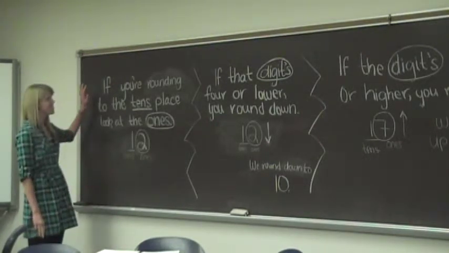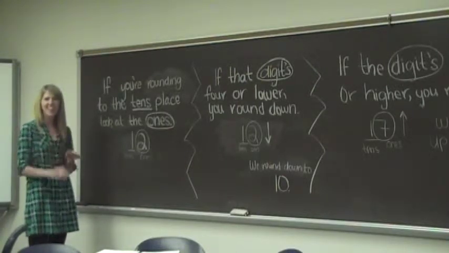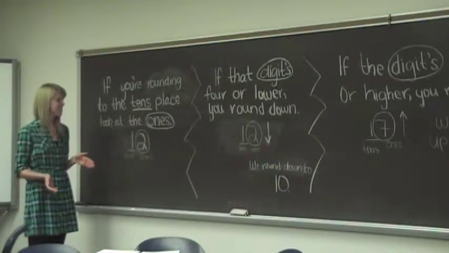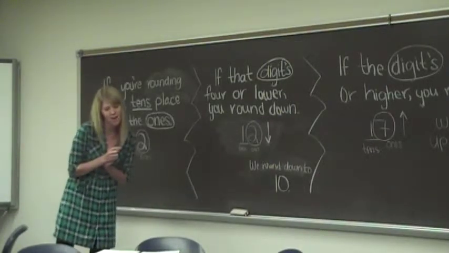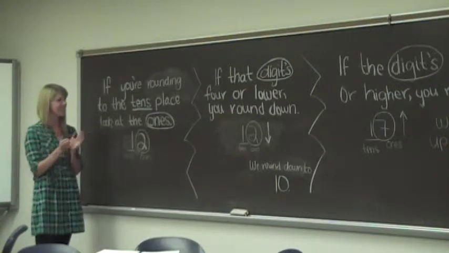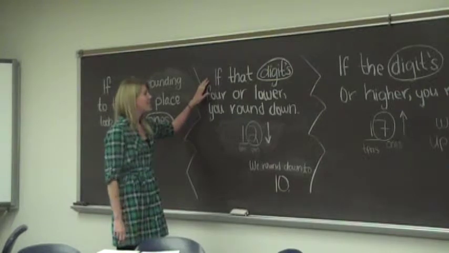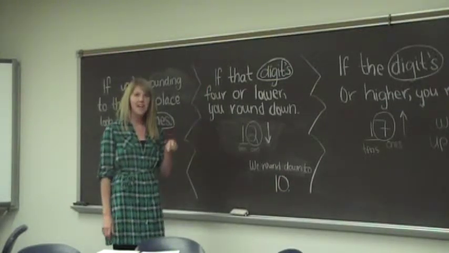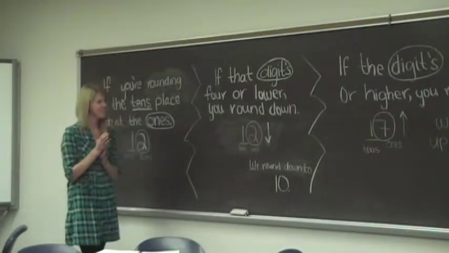If you're rounding to the tens place, look at the ones. If you're rounding to the tens place, then you always look to the ones place. If that digit's 4 or lower, you round down.